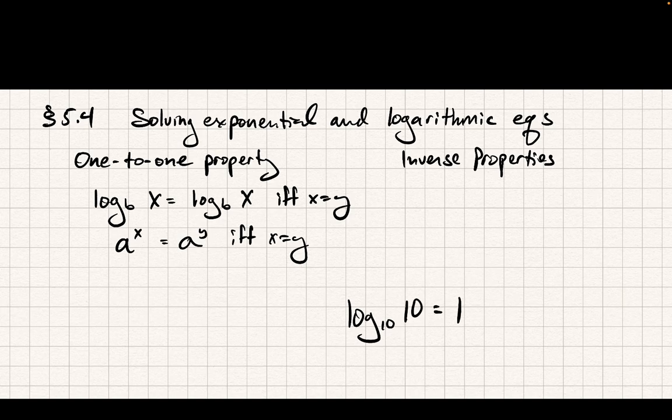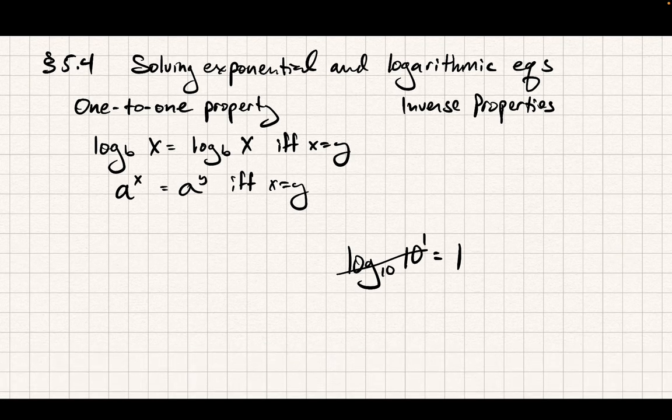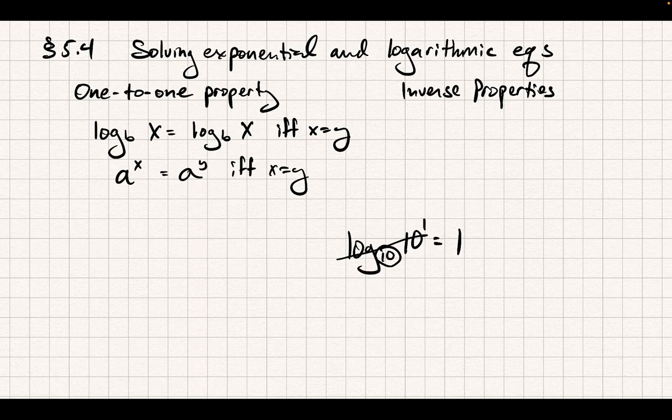But the inverse property, why is this 1, by the way? Because it's 10 to the power of 1. So this part cancels. Instead of saying a specific base and a specific exponent, how can I write that in general? Using b for my base, let's say.